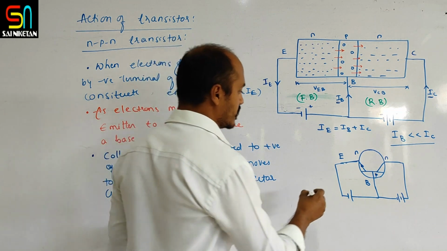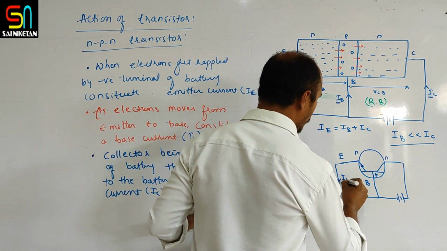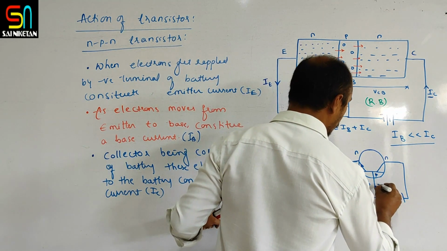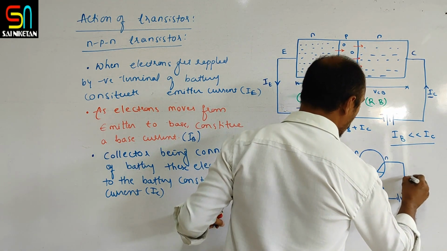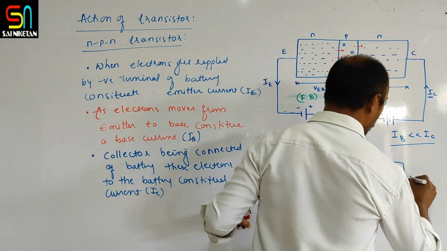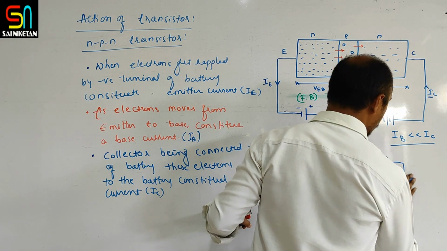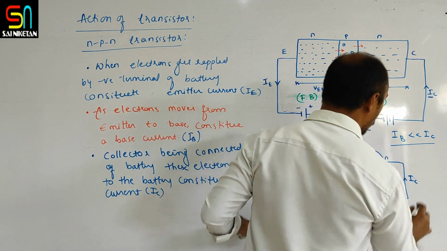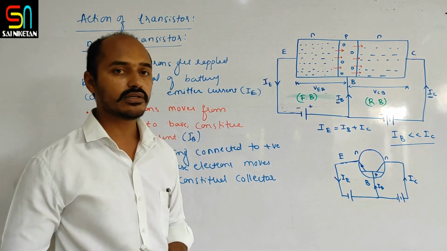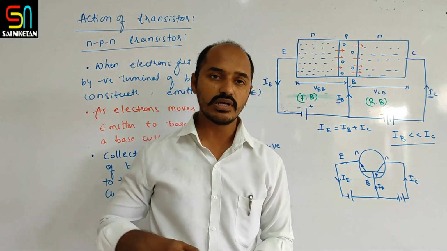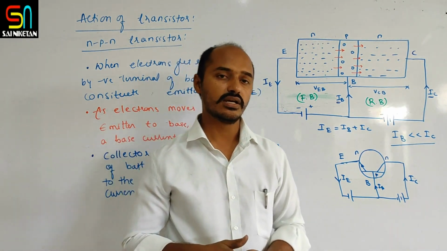And the direction of current you can see: it is IE here, IB here, and IC here. So this is the symbolic representation of the NPN transistor in action.